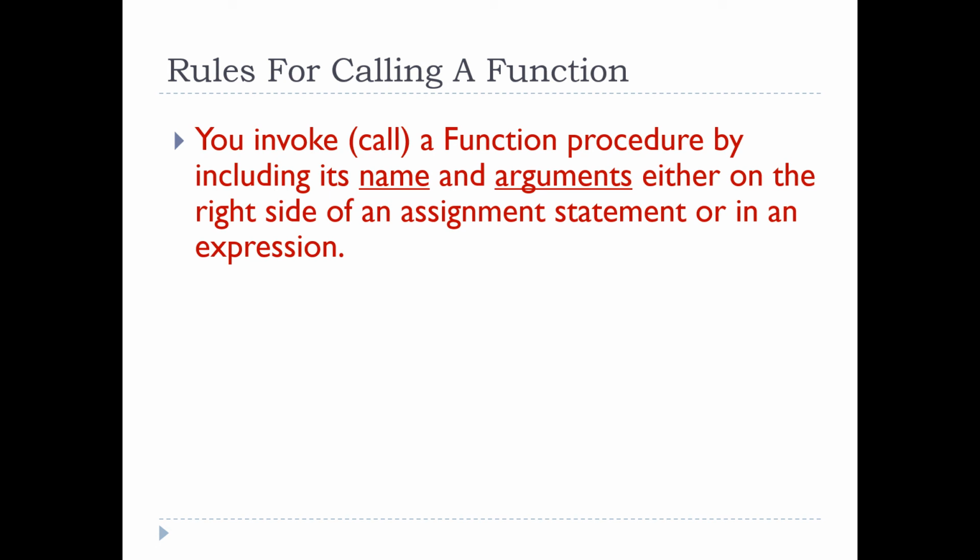If you hear those terms, invoke or call a function or a procedure, it's the same thing. We call it by using its name, and you pass any arguments to that function or subroutine, if there are any. If there are none, then we leave it blank. We still have to put the parentheses after the name.